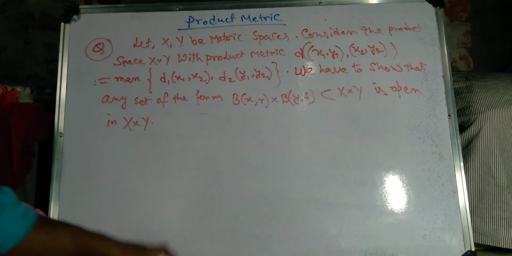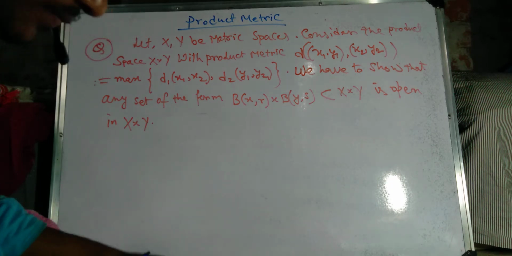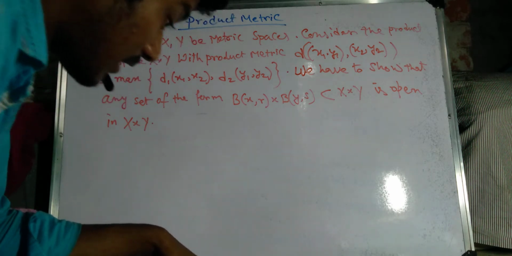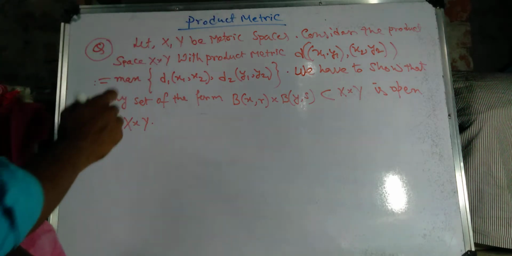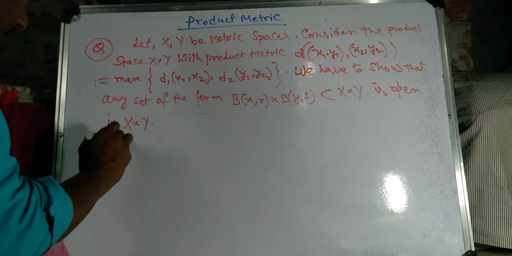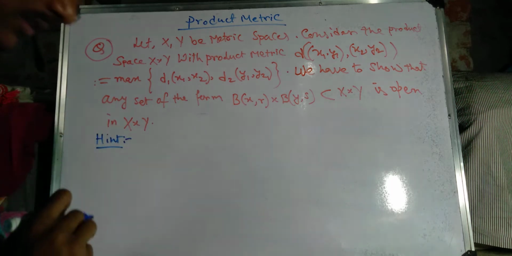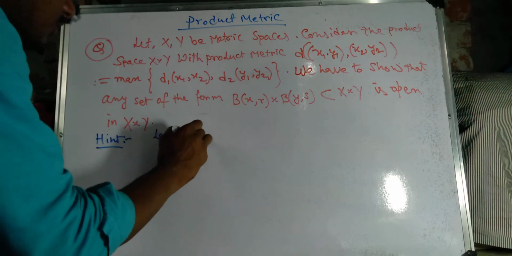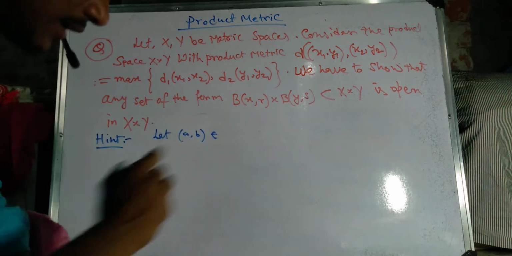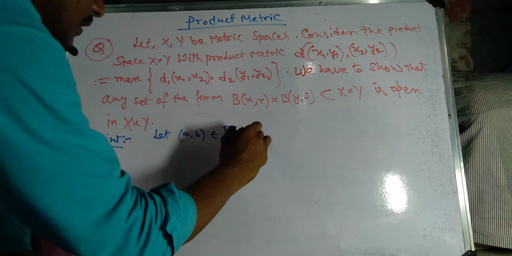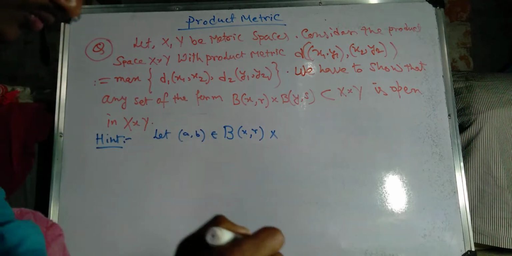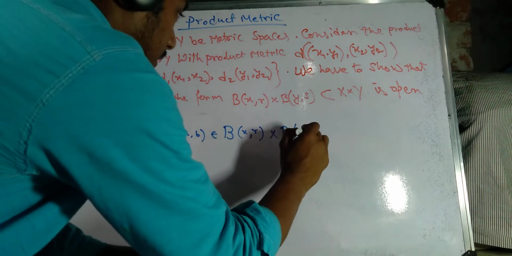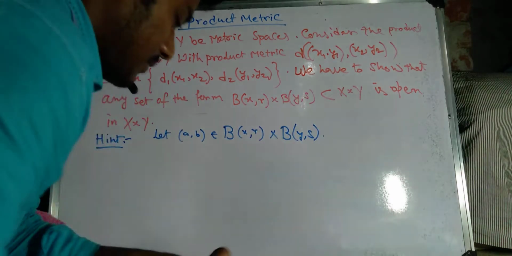So we start, and here hints are also given. We'll write about these hints first. The hint is: let (a, b) belong to B(x, r) cross B(y, s).